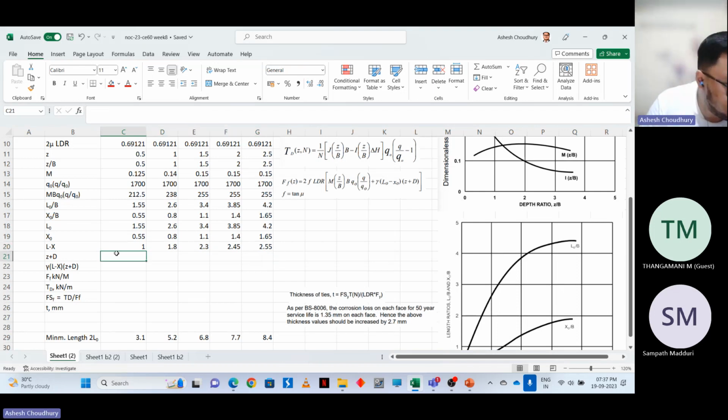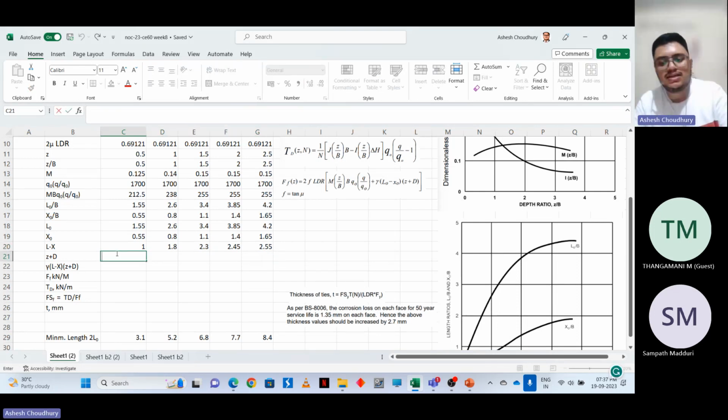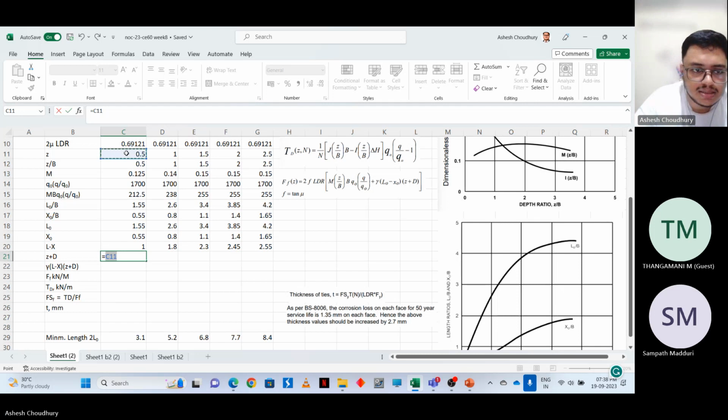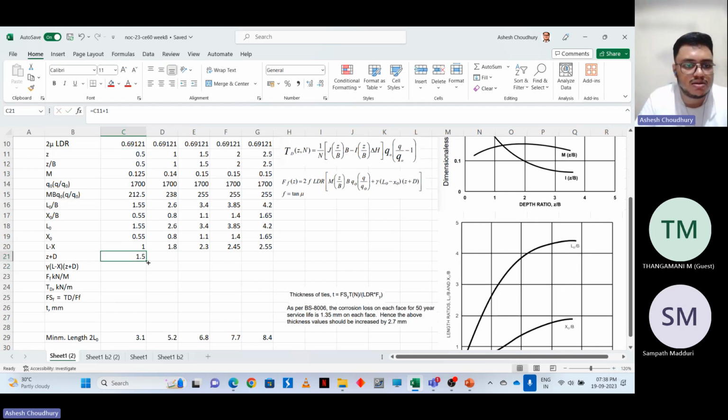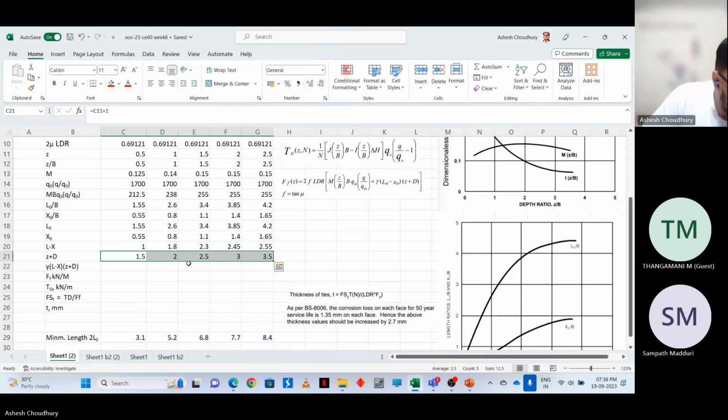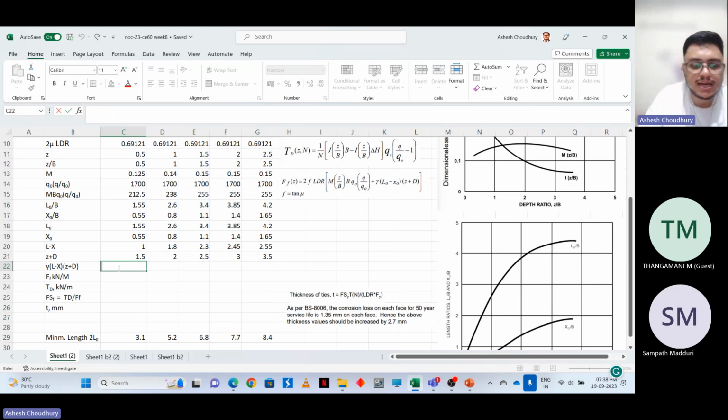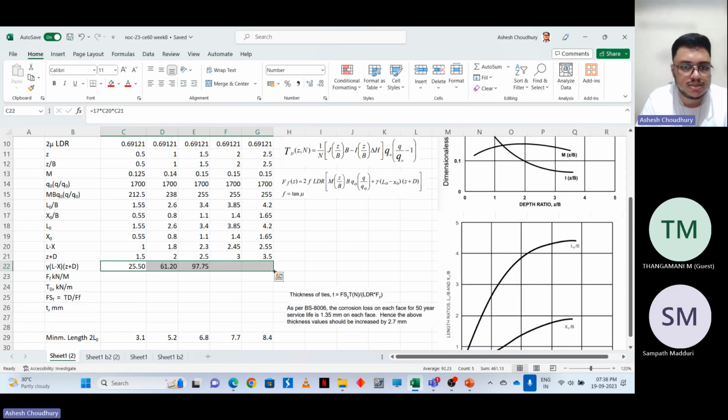Then comes Z plus D. As per my understanding, this should be Z. Z plus D means D is depth, right? It is 1. Okay. Now comes gamma. Gamma is what? Gamma is 17 times L minus X times L plus L, Z plus D. Got.